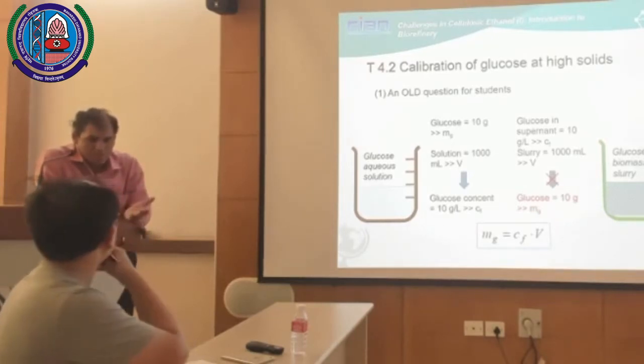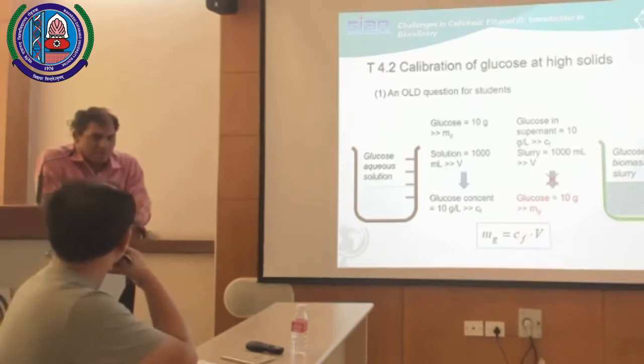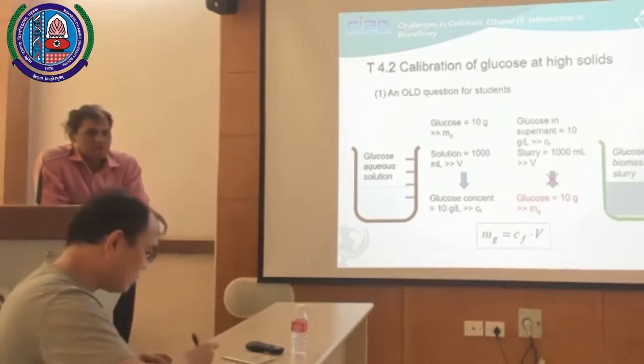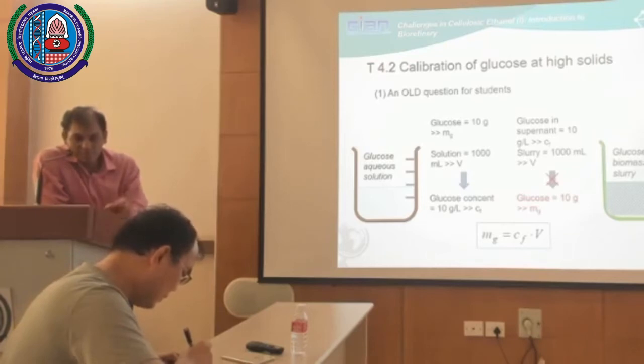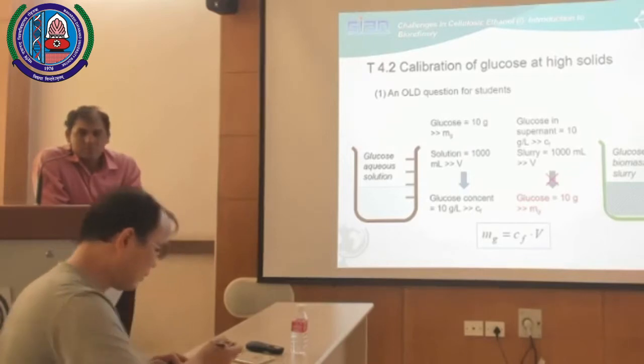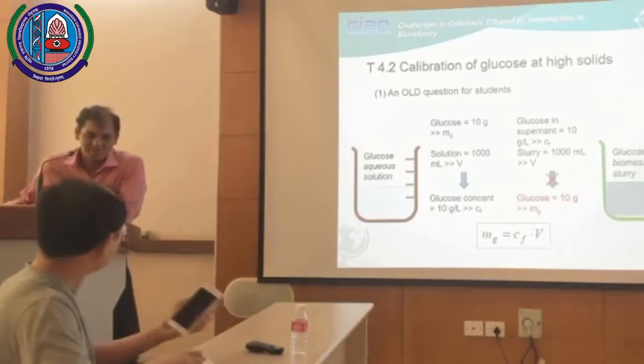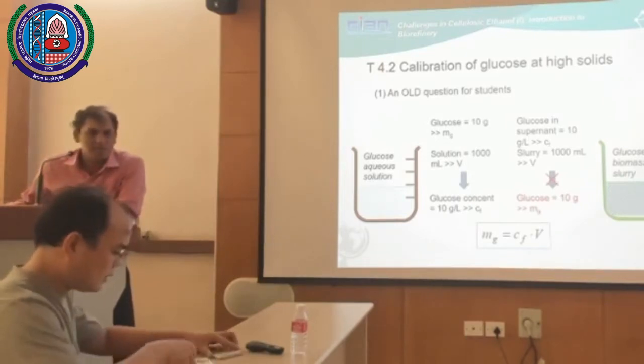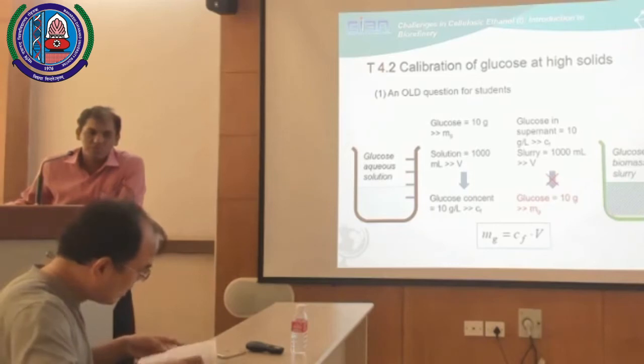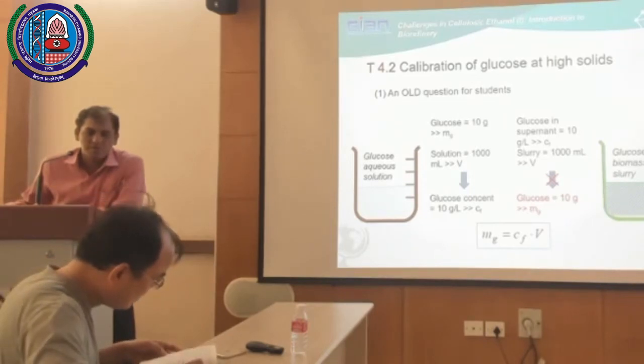So what we need is a pure sample of cellulase, and we can check the inhibition activity after addition of the right concentration. That can be done, and we will be collaborating in future also.